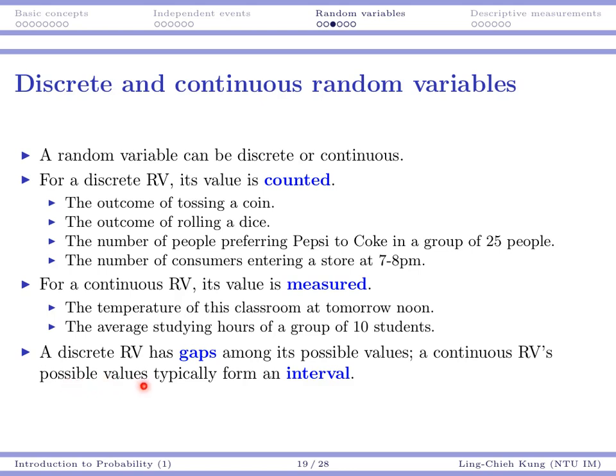So the possible values form an interval. Discrete versus continuous is a very important thing to differentiate. As we will see, the methods to deal with them are somewhat different. So keep in mind that you need to have some ways to distinguish whether a variable is discrete or continuous.